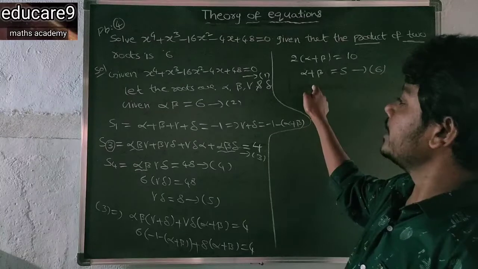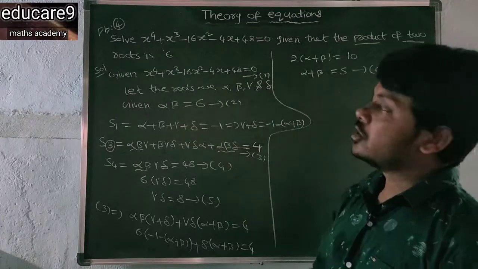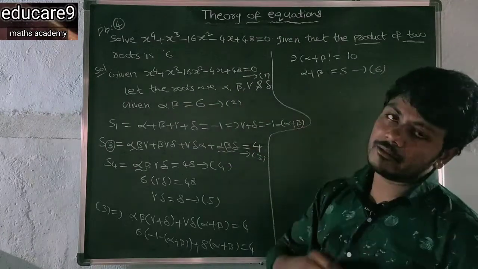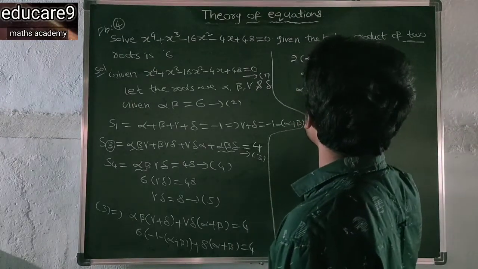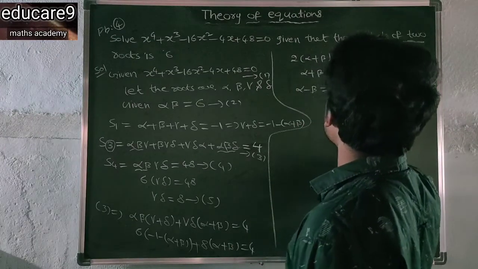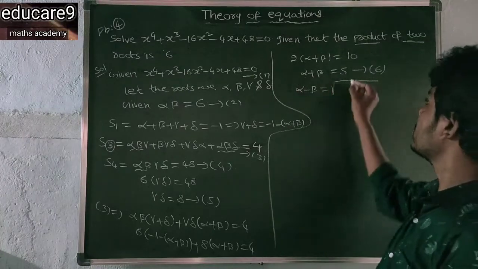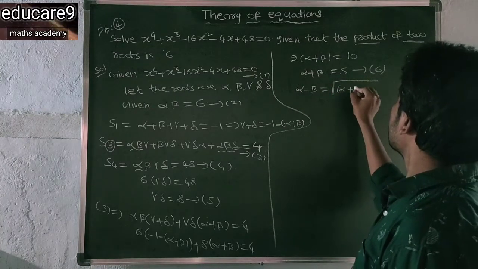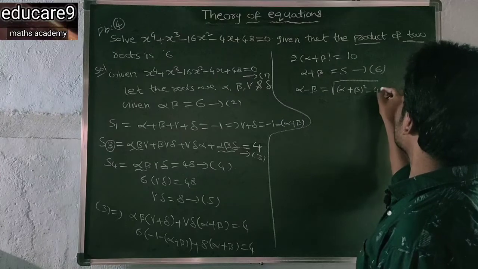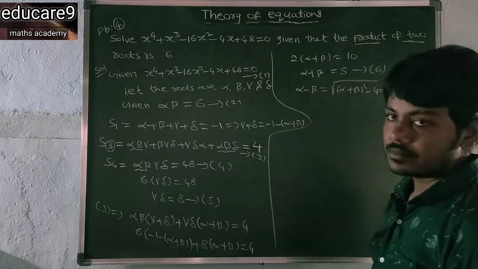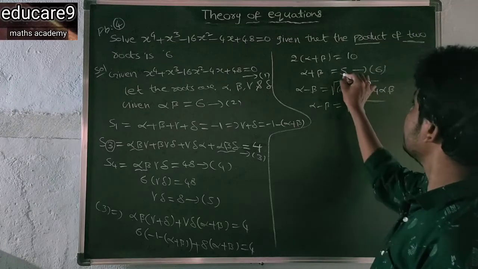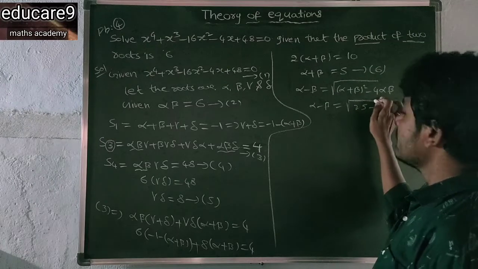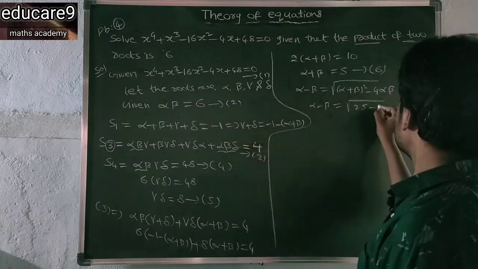So alpha plus beta is there, alpha beta is there. Using these two, you can find alpha minus beta. So alpha minus beta is what? Square root of alpha plus beta whole square minus 4 alpha beta. So alpha plus beta whole square is 25, minus 4 into 6, 24.